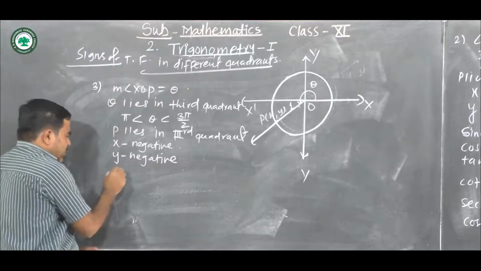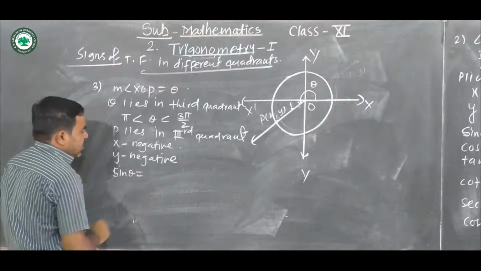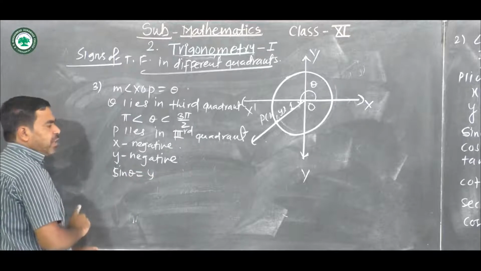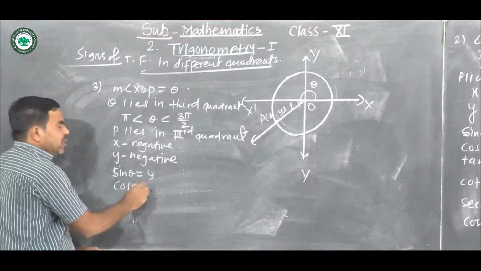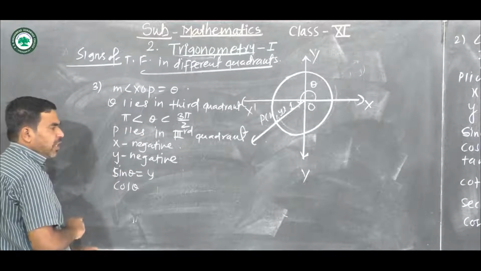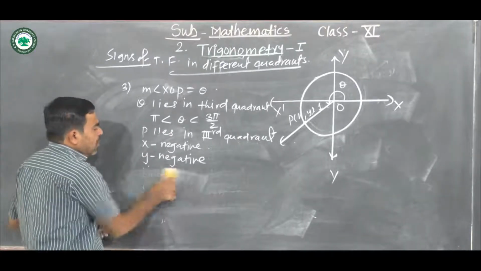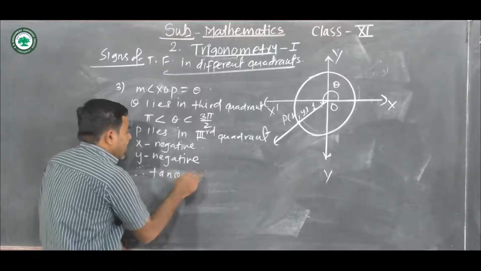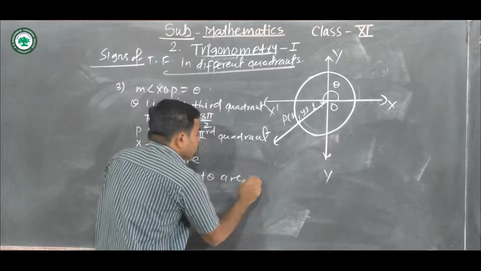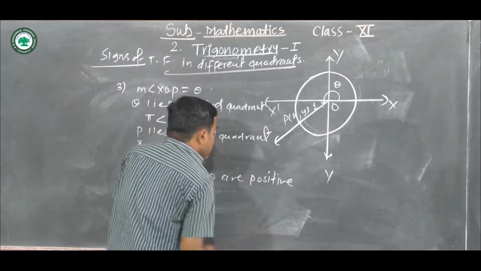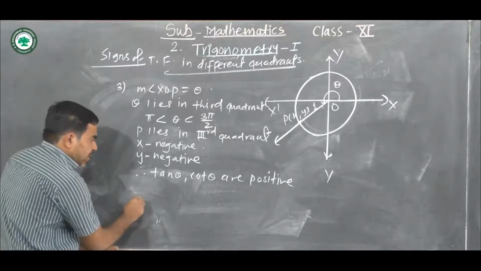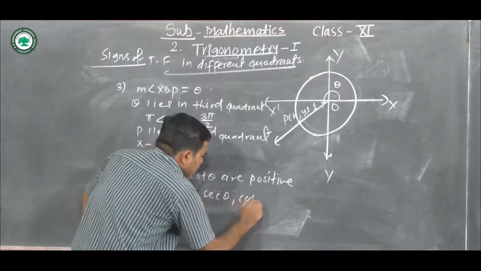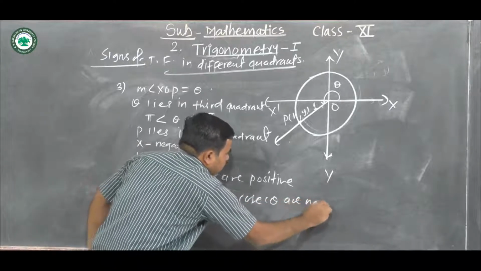So we know that sin theta is y. So y is negative, so sin is negative. Cos theta is equal to x, x is negative, so cos theta is negative. So only in third quadrant tan theta and cot theta are positive, and the remaining 4 ratios, sin theta, cos theta, sec theta, cosec theta, are negative.